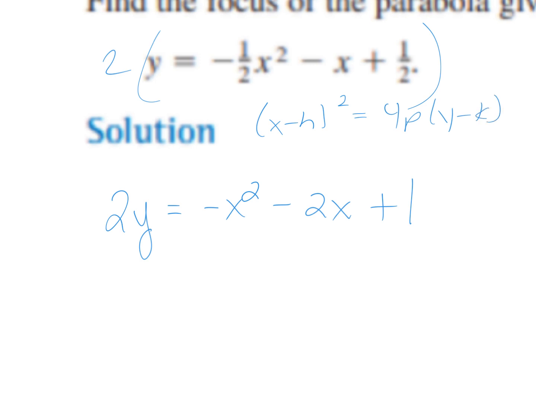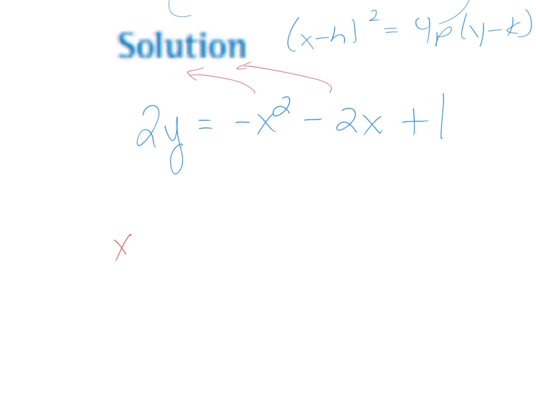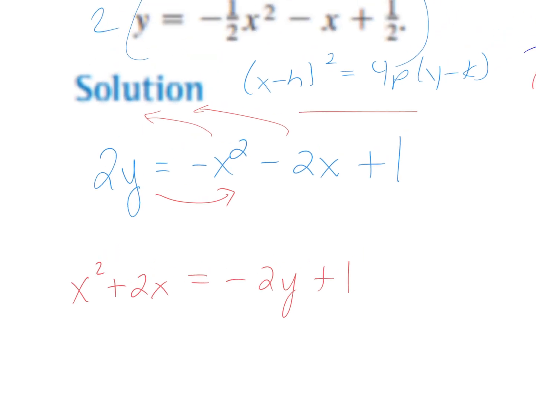So where do I need to move my x's? To the left. And where do I need to move my y's? To the right. Do you guys agree with me? If I move these x's over here, they both become positive, correct? Okay, so x squared plus 2x equals, if I move that 2y over here, it becomes negative 2y plus 1. All right, I need it to look like this, but it looks like this.